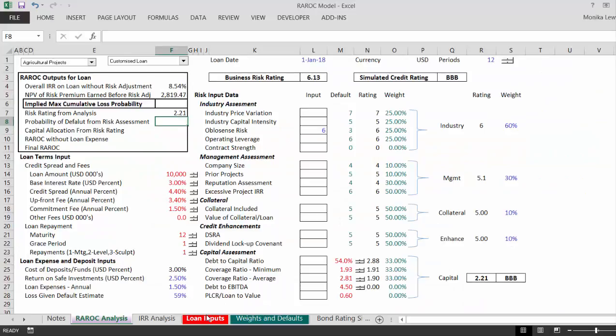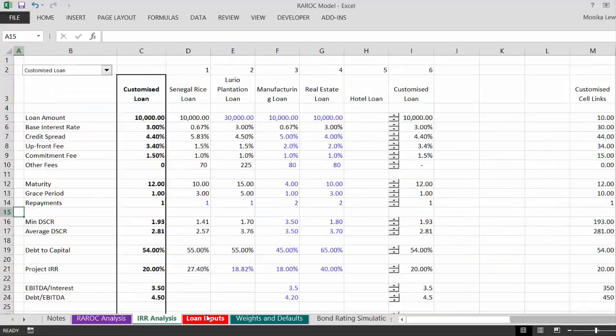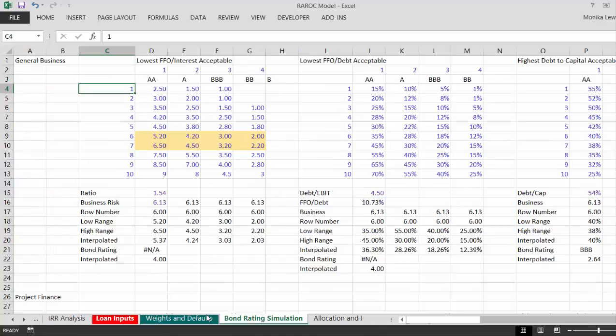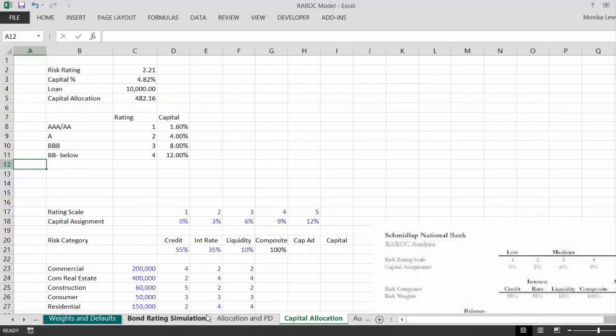Okay, and then, once we have the probability from the risk rating, which I've just shown you how generally we'll get, then we can take the risk rating and get the capital allocation from the risk rating as well. And that's kind of in this sheet, which is kind of simple.